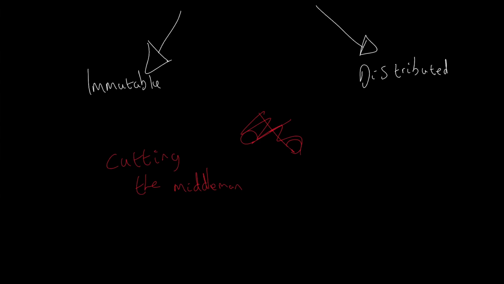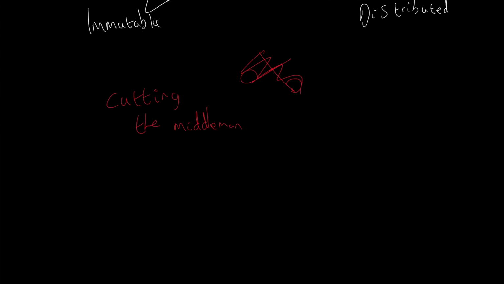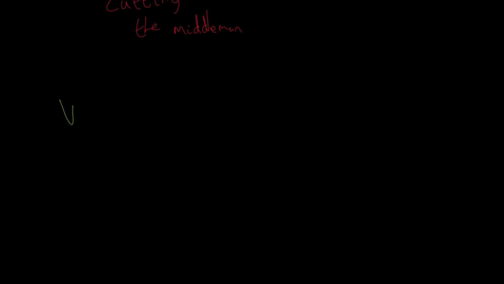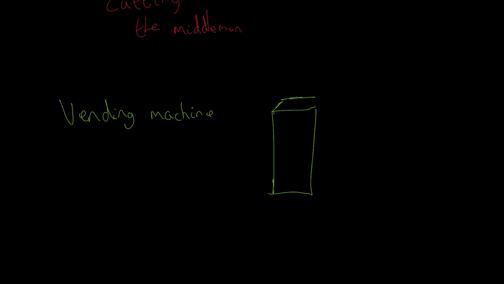this means. So think of a vending machine, for example. I'm sure you've all used one or at the very least seen one. Let me just draw a quick vending machine, and we have a bunch of items in this vending machine.